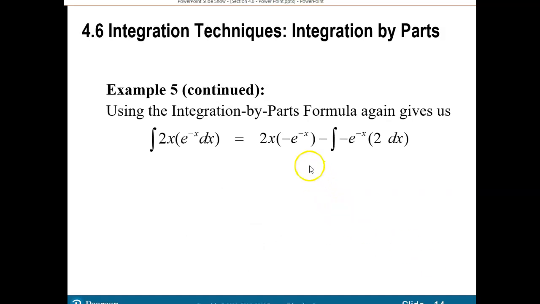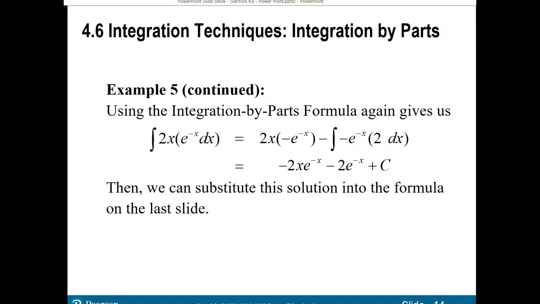So just for this piece of it, u times v minus the integral v times du. So we get negative 2x e to the negative x. That would have been a plus. The 2 would then stay, and then you'd get e to the negative x divided by the negative, so it turns back into a minus when you evaluate it.